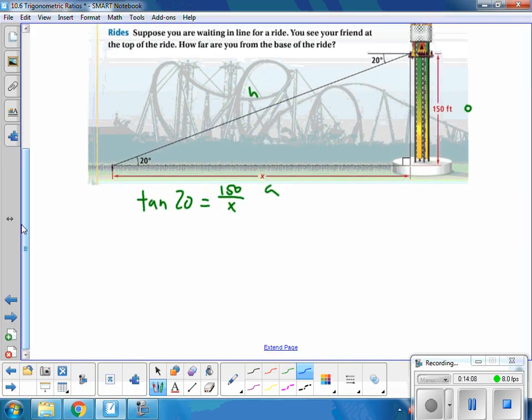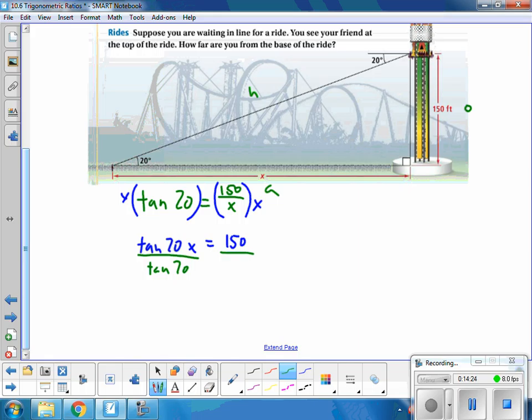And let me keep working this out. So I'm going to multiply both sides by x, and so I end up with the tangent of 20 times x equals 150. Divide both sides by the tangent of 20, and then end up with x equaling 150 over the tangent of 20.